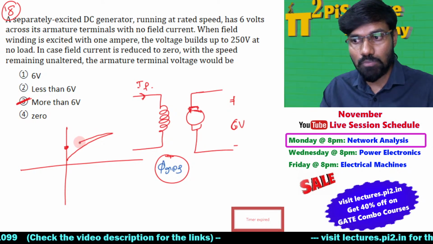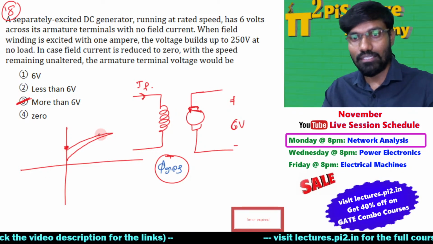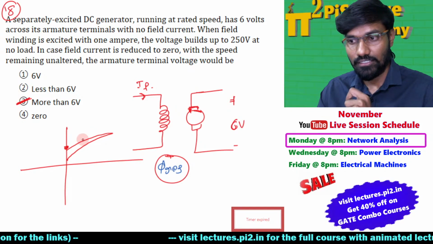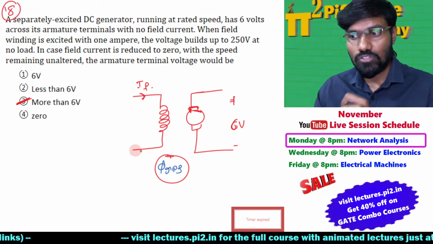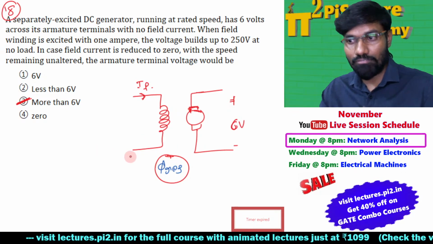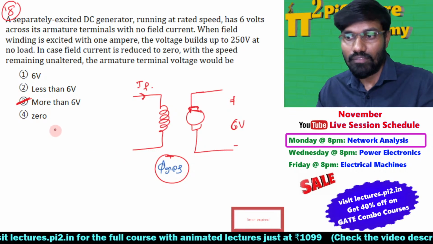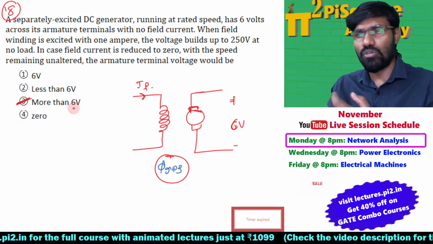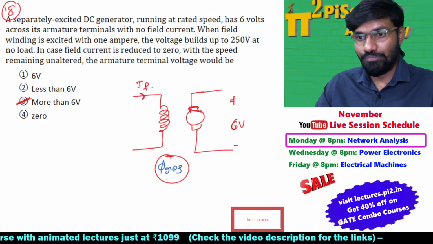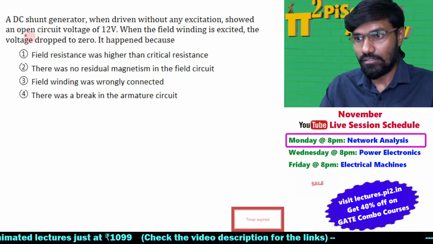It will follow a little higher path. That's what hysteresis lag is. So the answer is, as residual flux is a little more, or due to the hysteresis lag, that flux has added up, so you'll get more EMF, a little more than 6 volt. Good participation. Good tries.